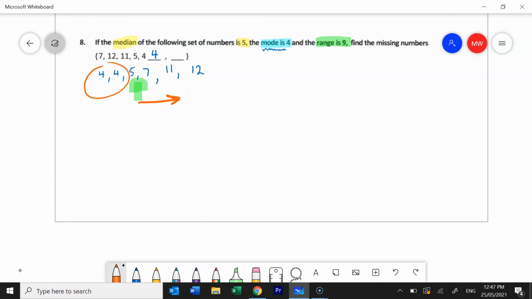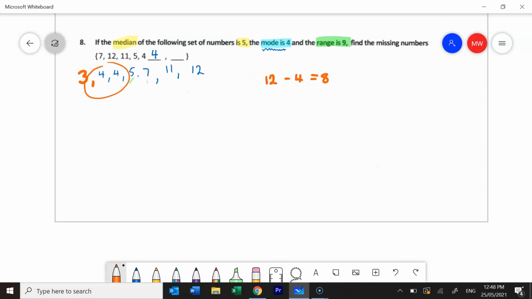At the moment, if I test the range, I can see that 12 minus 4, the largest minus the smallest, is only 8. So if I pop a 3 down here, we'll use guess and check, and see what happens. I'll rub out a little bit of this stuff that's gotten in the way now.